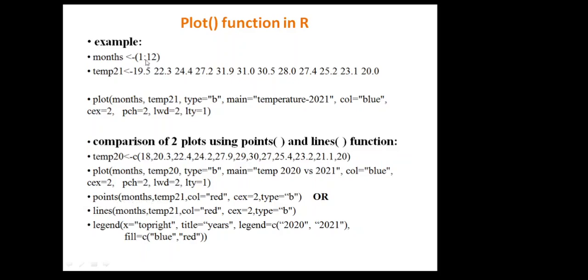First is month, okay, which is used to give us the values of 12 months, and second parameter is now the values of second vector that we want to compare. Now here we want to compare temperatures of year 2020 and temperatures of year 2021. That's why for points function my next vector is temp 21. Okay, and then remaining parameters color, cex, that is the shape of point, and type of graph.